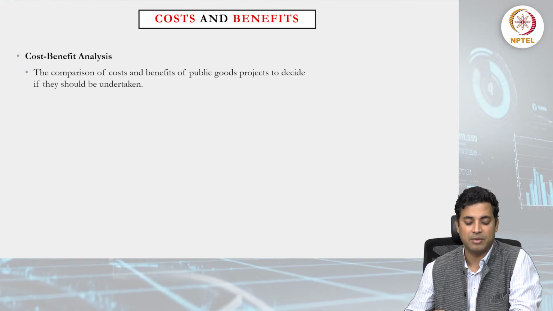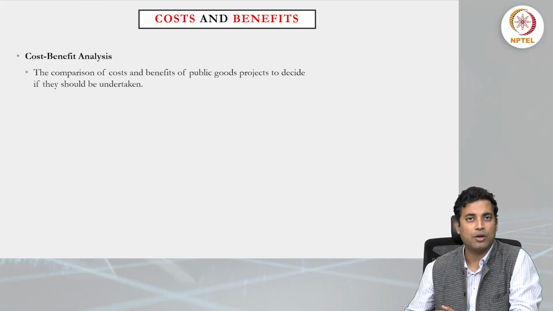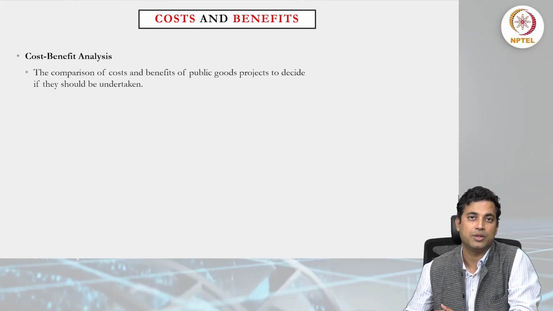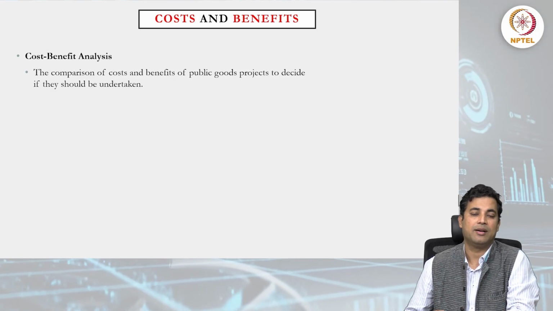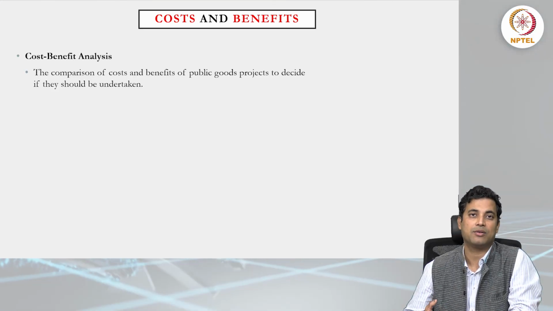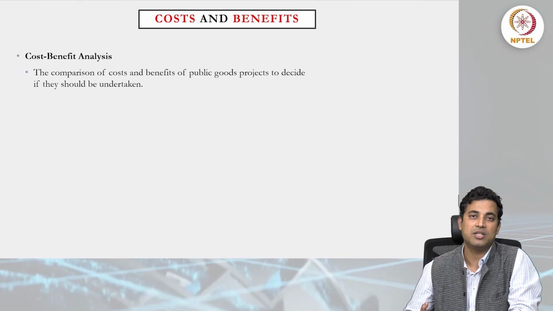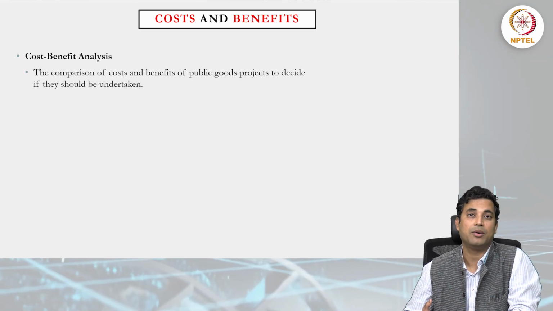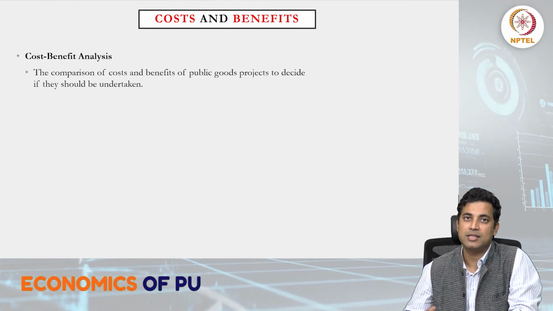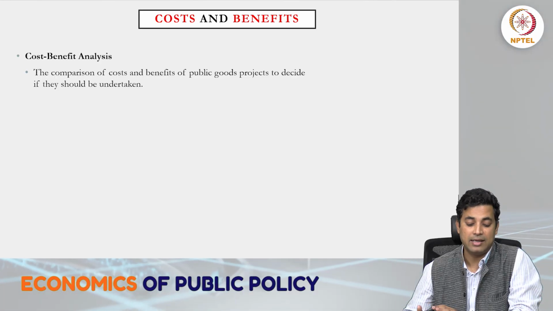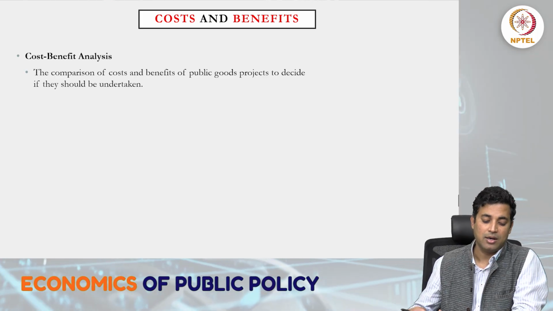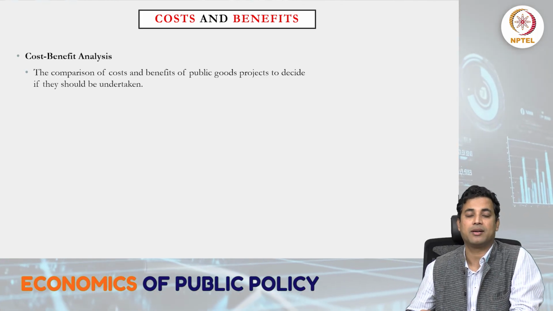We also have to understand what benefits we get from those policies, while defining any programs or missions that we design. These benefits could be tangible or intangible, especially from public goods projects, to decide whether they should be undertaken or not.